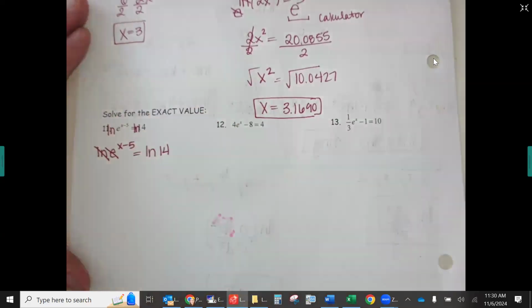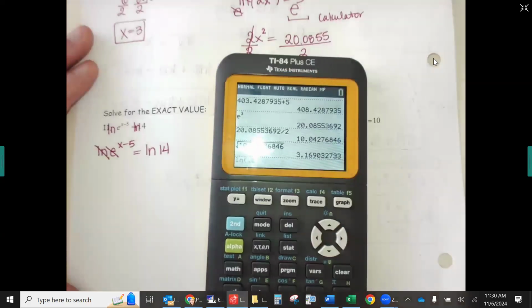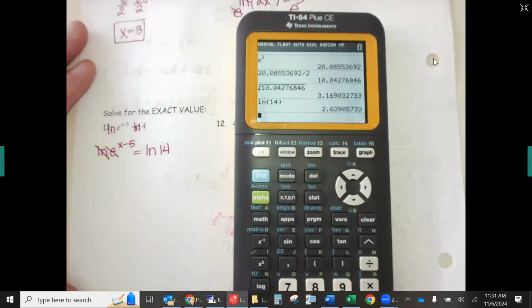And then these guys cross out. So if you start with an ln, you're going to put the e. But if you start with the e, you're going to put the ln. And remember, we just found this button on the calculator. So do the ln of 14, and let's find what that equals. ln of 14 comes out to 2.6390.